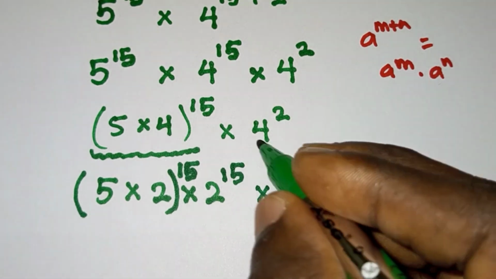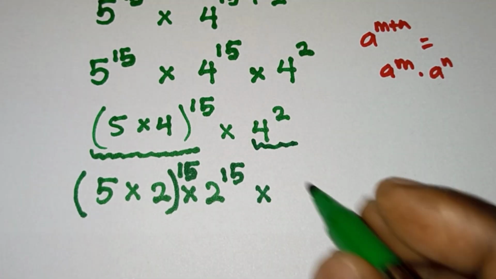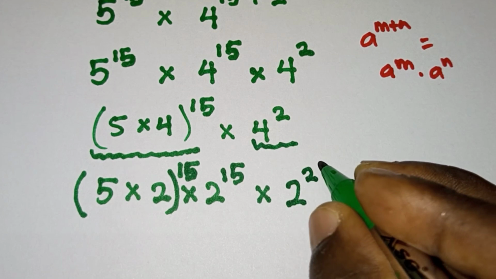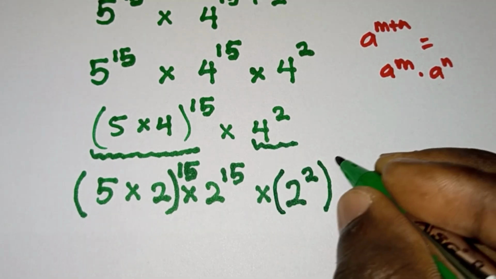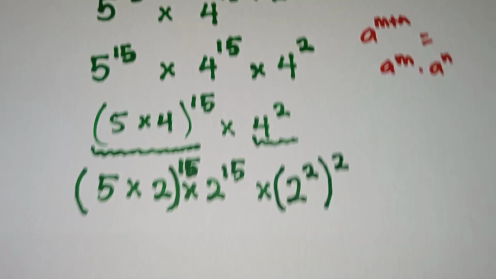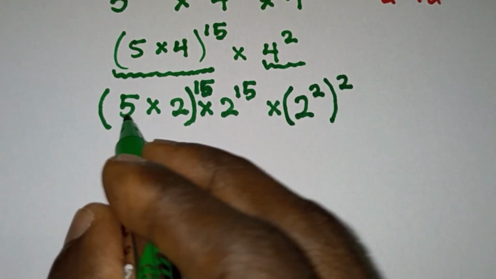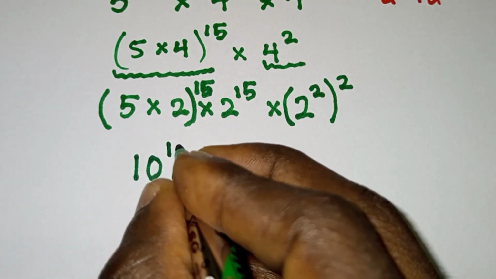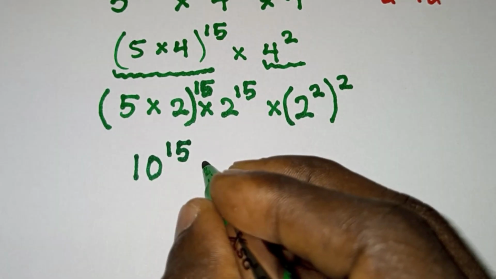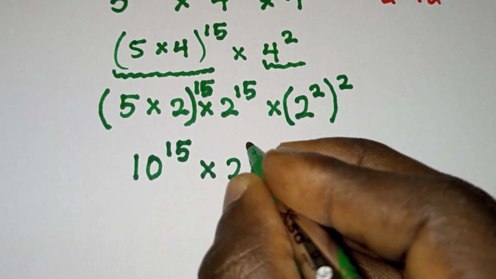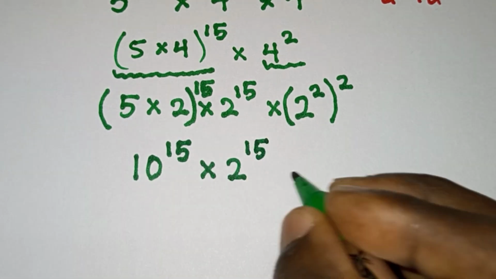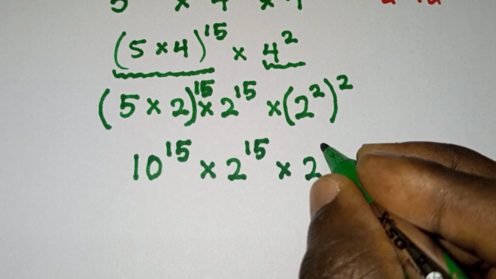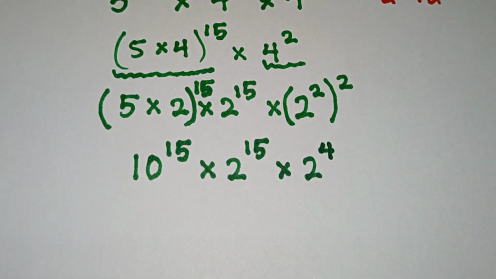Then times what we have here, which is also the same as 2 to the power 2, then all to the power 2. So you have 5 times 2 is 10, so we have 10 to the power 15 times 2 to the power 15 times this one will give us 2 to the power 4.